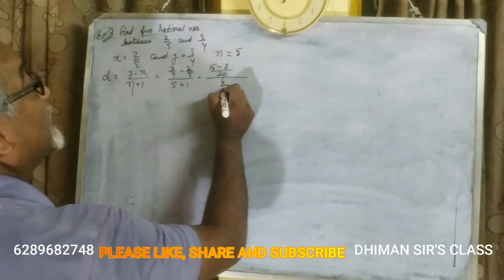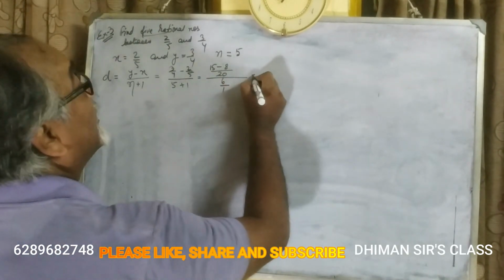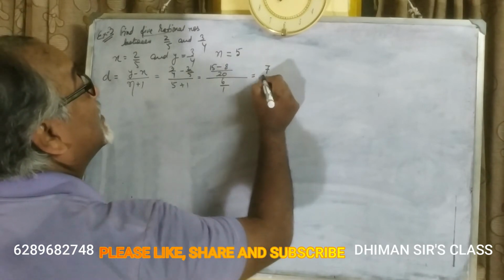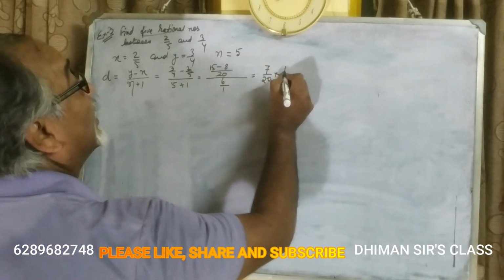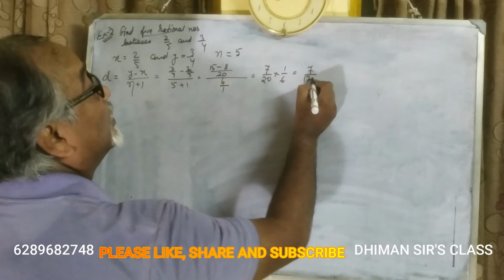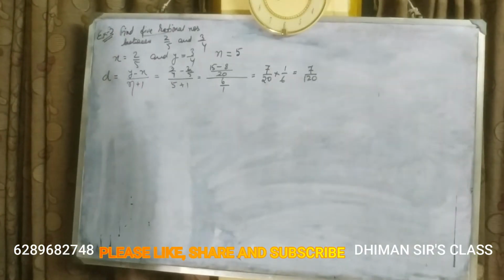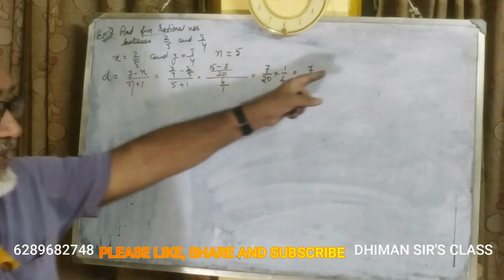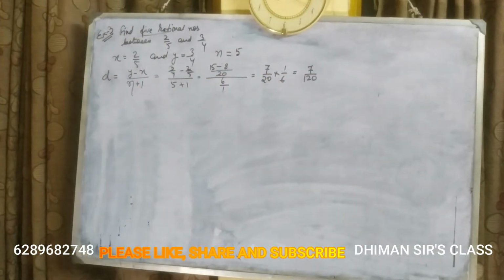There is nothing in the denominator, 1. That is 15 minus 8 is 7 by 20 into 1 by 6. That comes to 7 by 120. Okay students, so we got the value of d as 7 by 120.